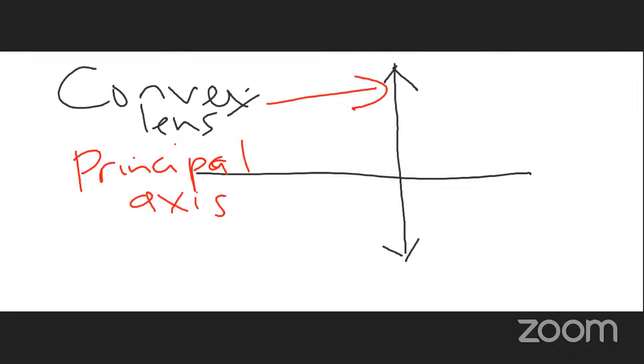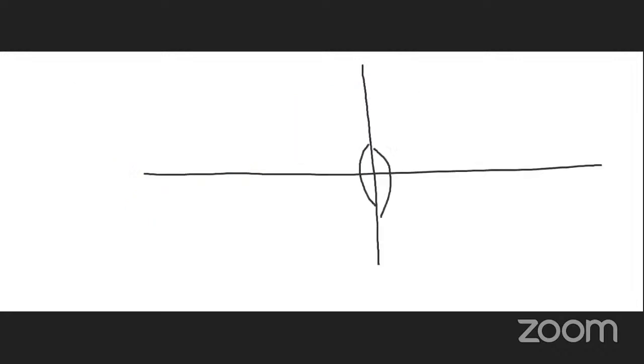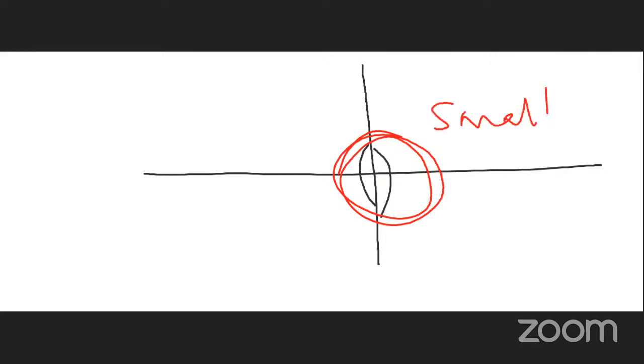But when you're presenting using the second one, make sure that the size of the convex lens that you've represented is a bit small, okay? It should not be very big, it should be small.